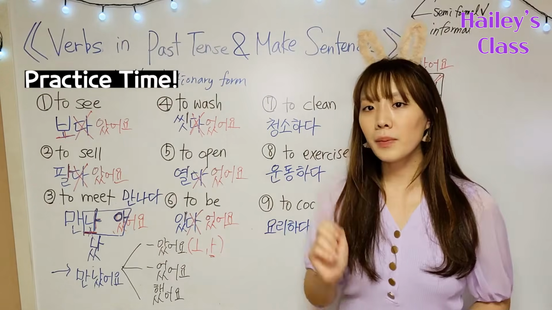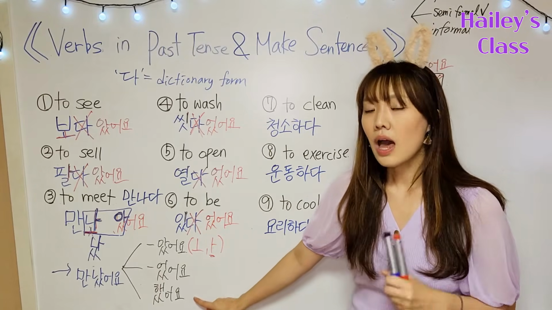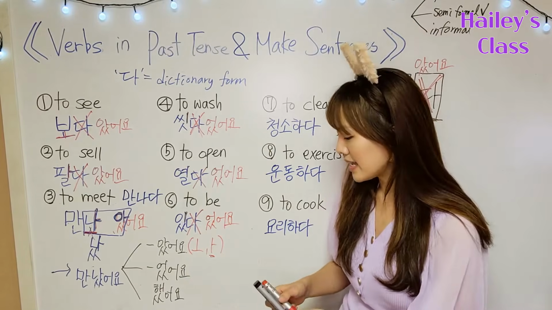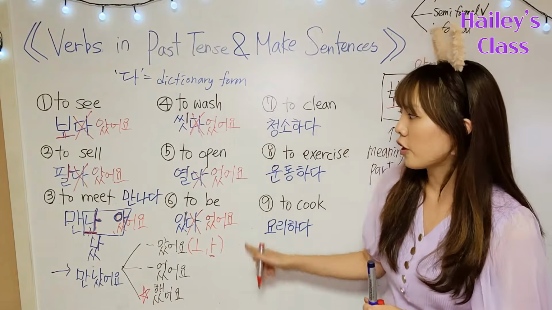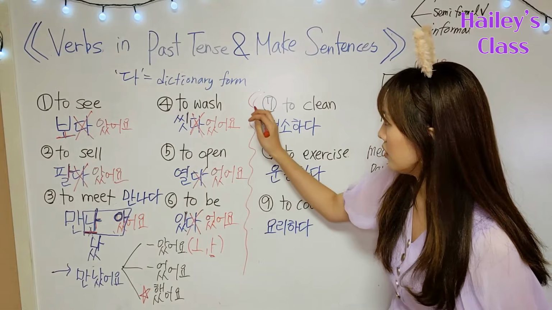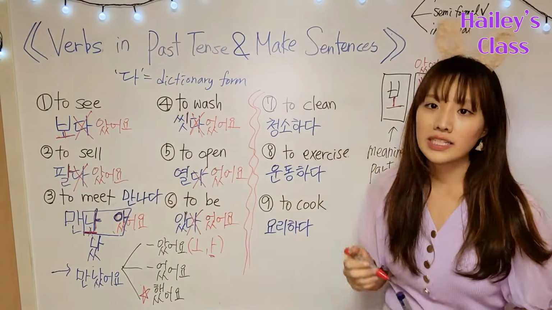And then you might be curious, what about the last one? 했어요. 했어요. I'm going to tell you this part, okay? This part is a little bit tricky because these are slightly different verbs from the ones here.